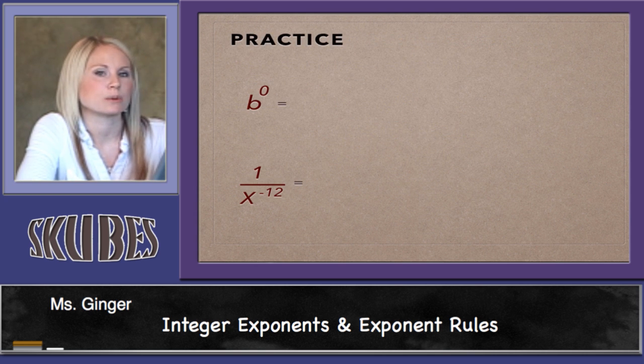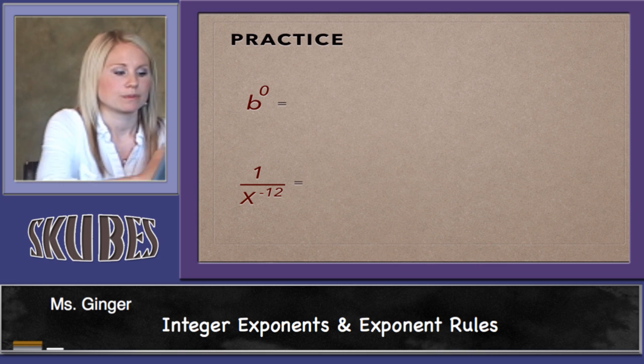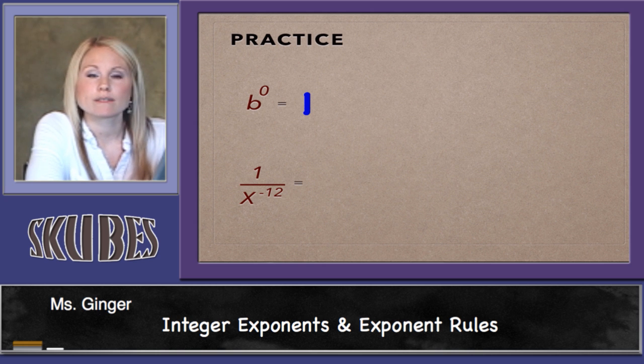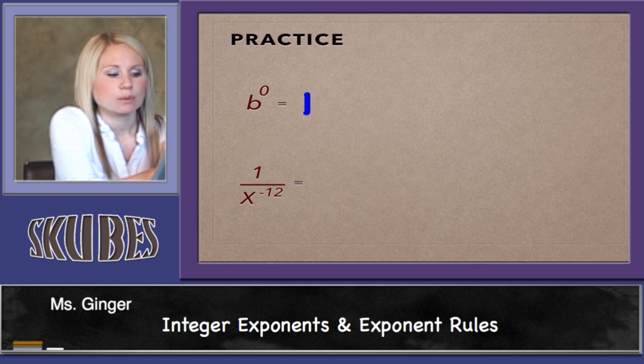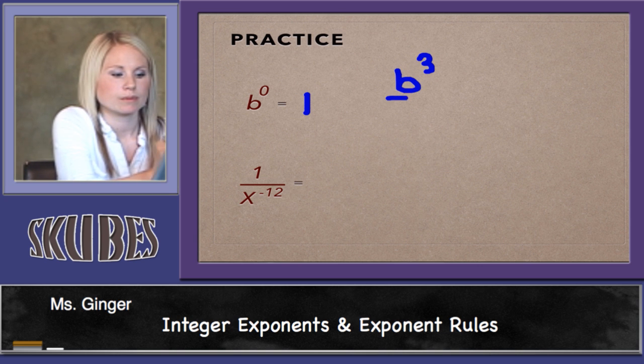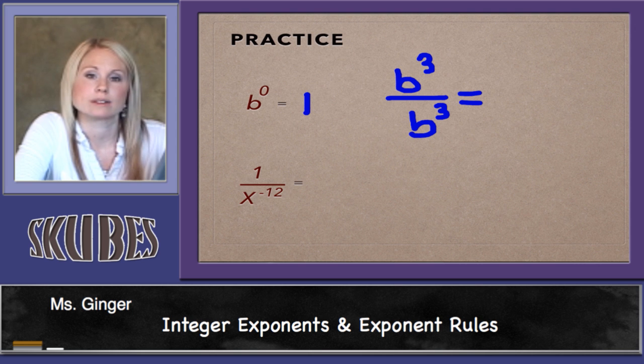Okay, so let's practice what we've seen. Anything raised to the 0 power, remember we say it is 1. It doesn't matter if it's a number or a variable raised to that 0 power, or a whole group of things, it's still going to be 1. And the reason for that is, if you remember the subtraction division rule that we talked about earlier, let's say that we had the same variable raised to the 3rd divided by the same variable raised to the 3rd.